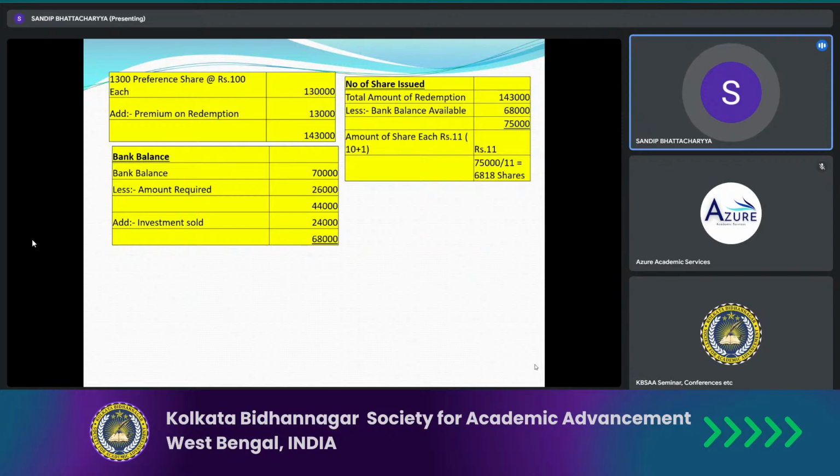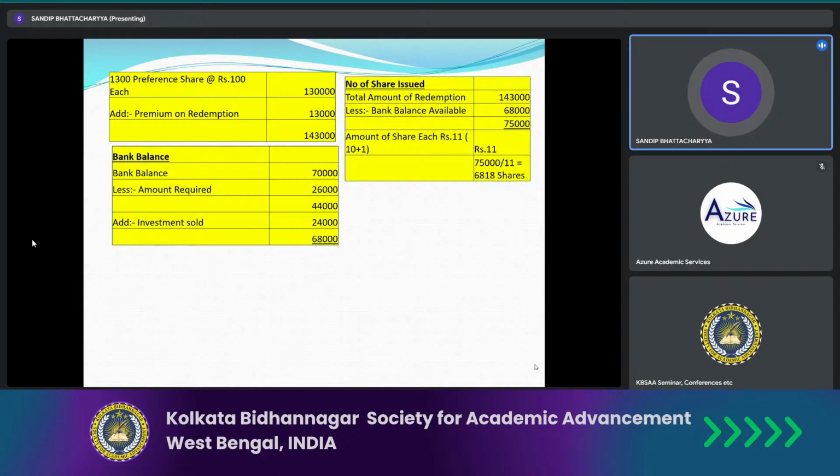So bank account debit means how much? That means bank account debit with rupees 24,000. Why 24,000? Because my non-current investment was sold at rupees 24,000 rather than the cost of rupees 30,000. So there will be my 6,000 loss. That's a different thing. But the thing is that the bank account is debited with 24,000.